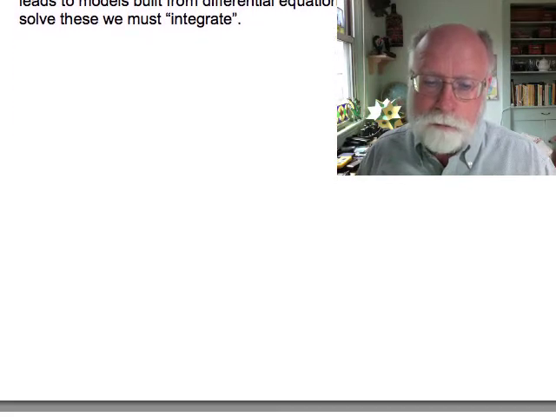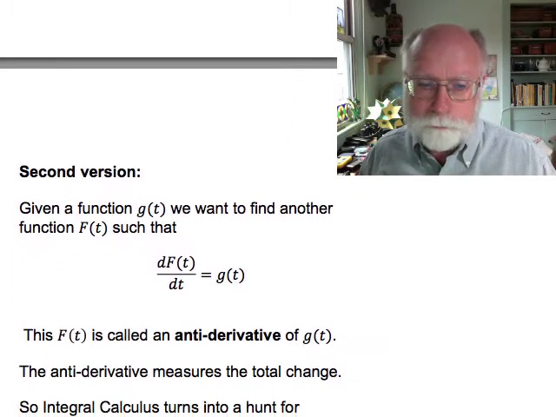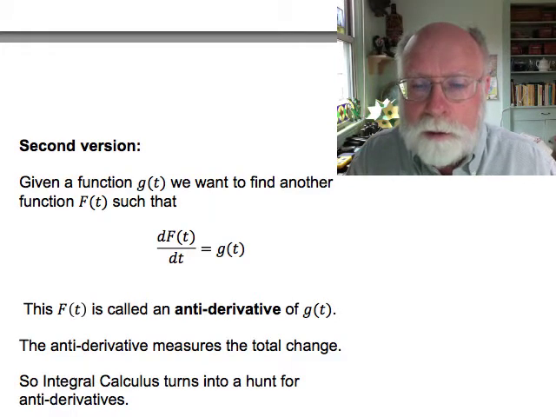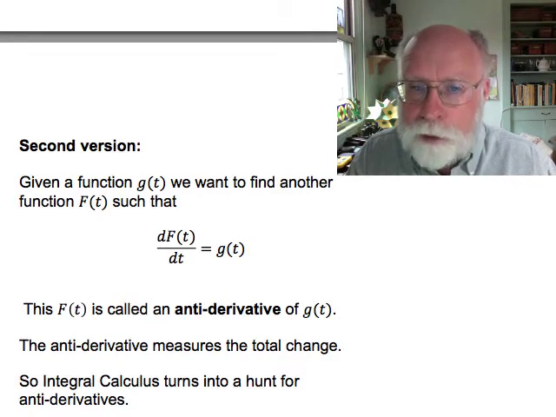Now there's a second version which is really embedded in the first. Suppose we have a function g of t, and we want to find another function, capital F of t, so that the derivative of capital F of t is g of t.